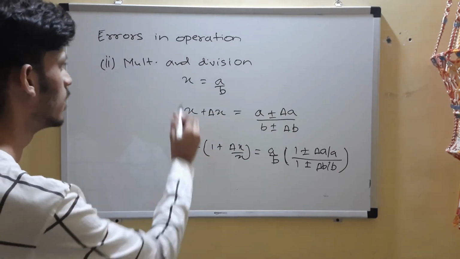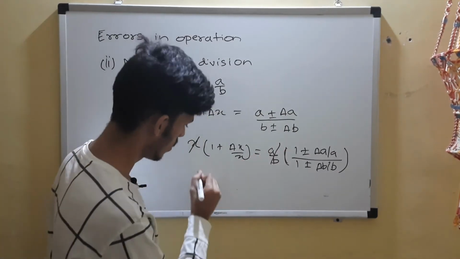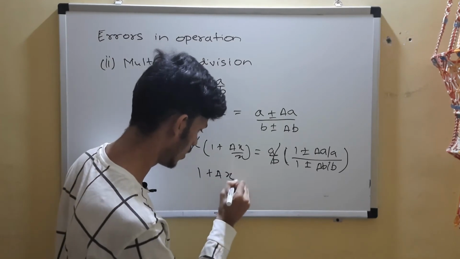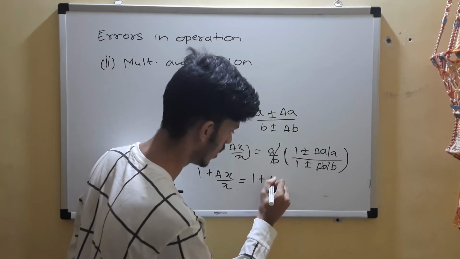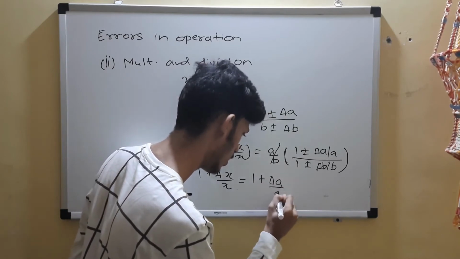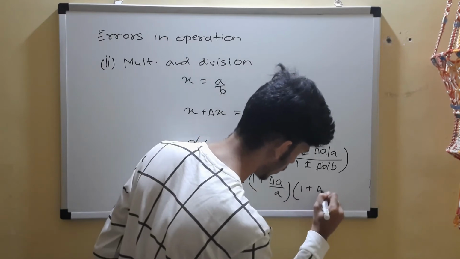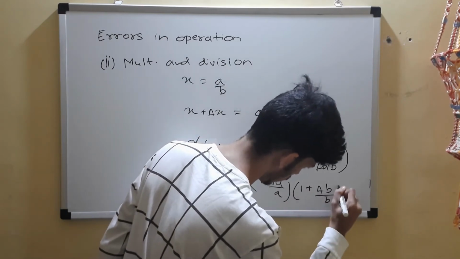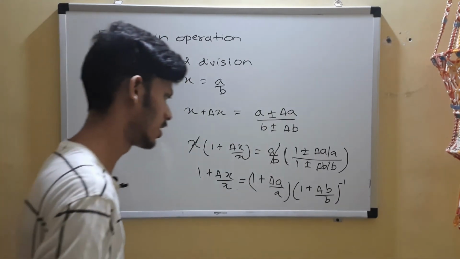So x and a by b, since they are equal, cancel out. And this one you can still write this way: 1 plus delta a by a, and you can get that thing on top, 1 plus delta b by b, and raise it to minus 1. You brought it on top and changed the sign.